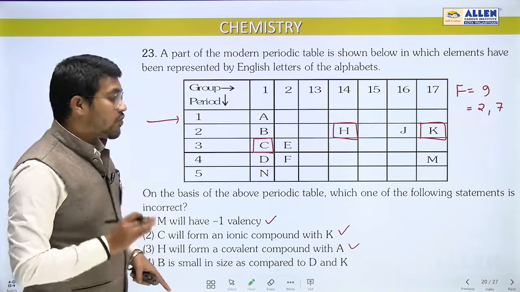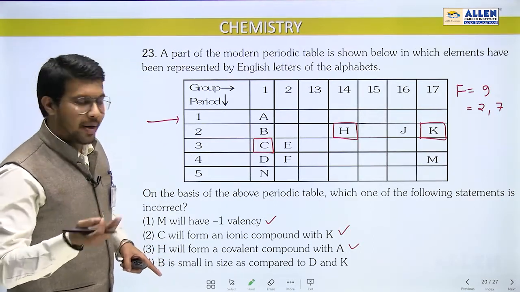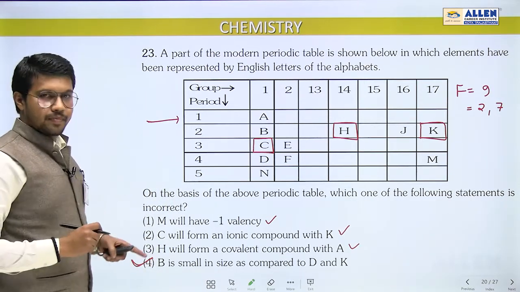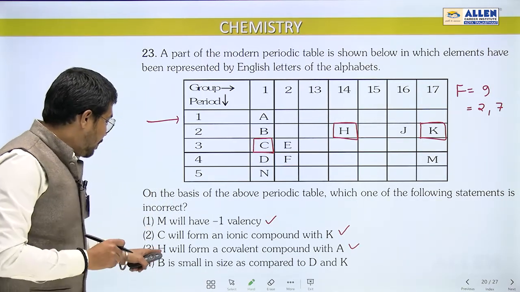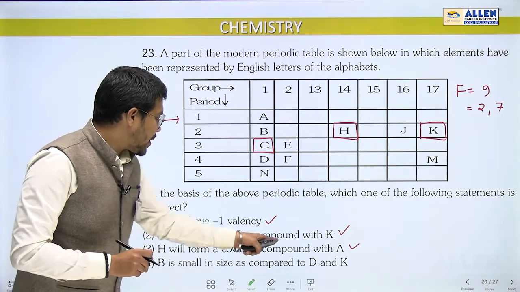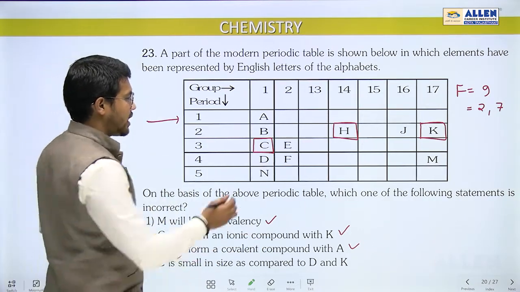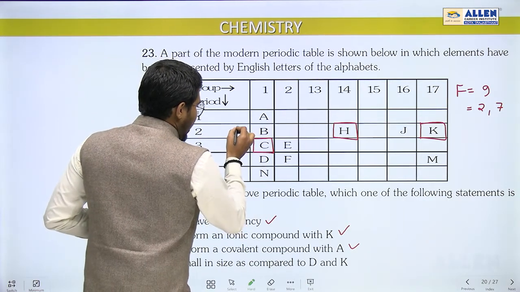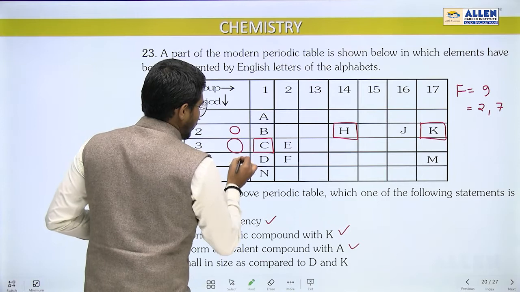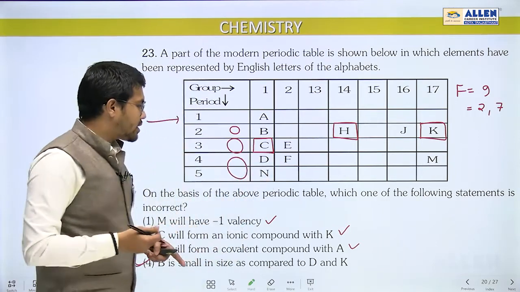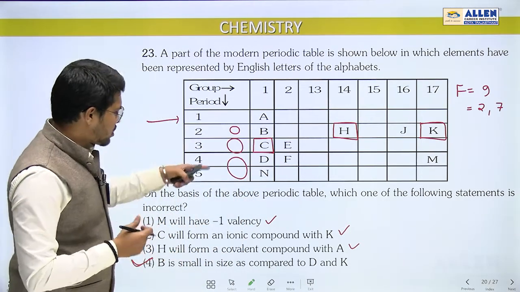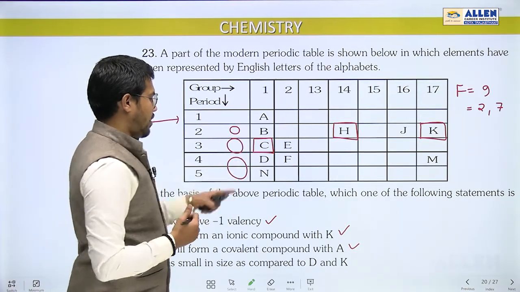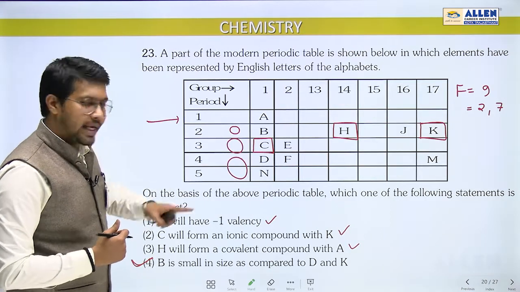Now in the question we have been asked to identify the incorrect statement. So we got our answer, that is the fourth one. B is smaller in size as compared to D and K. See, we know that if we move down the group, size of atoms increases. So obviously B is smaller in size if we compare B with D element.